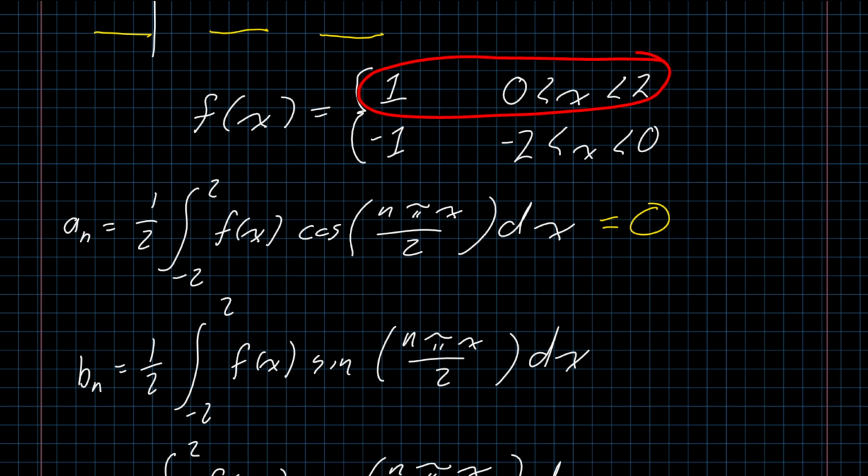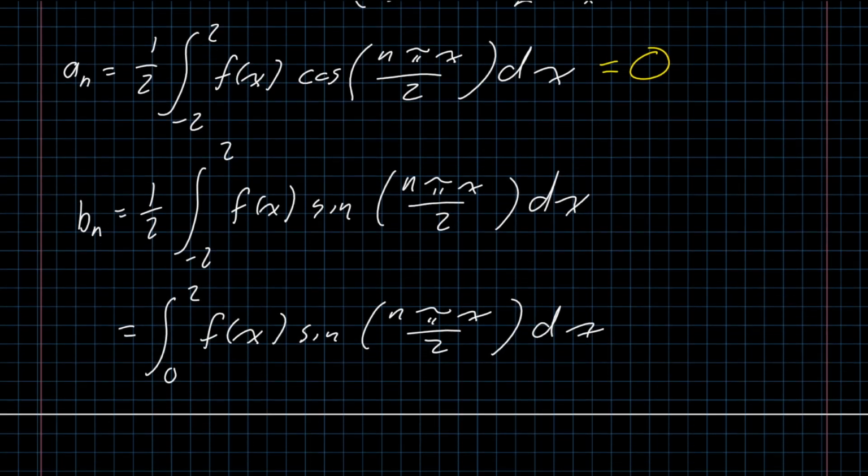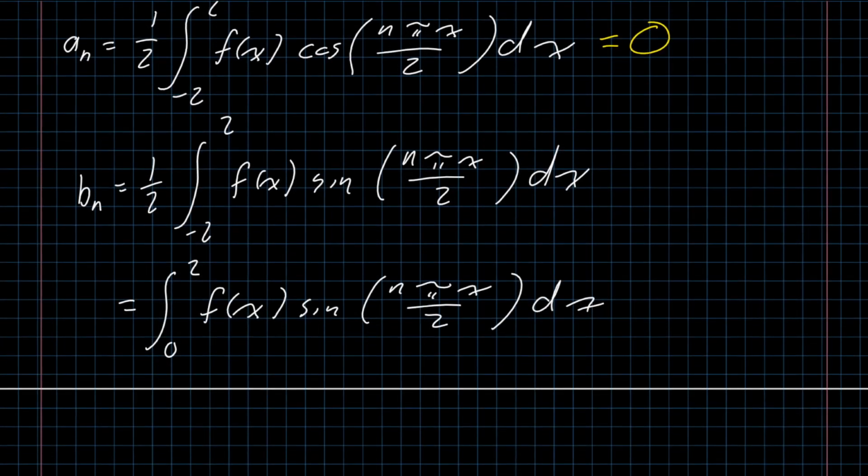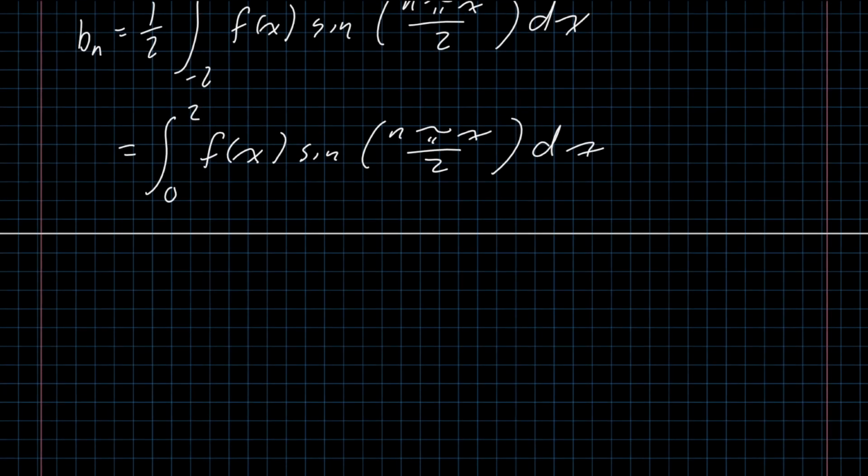And then we said we were going to take the odd extension of that. We wrote down what it was so we could play around with the graph. But we don't actually need it in our calculations because we're only going to be looking between 0 and 2. And between 0 and 2, f of x is equal to 1. Like I said, this is about the simplest function that I could possibly come up with.